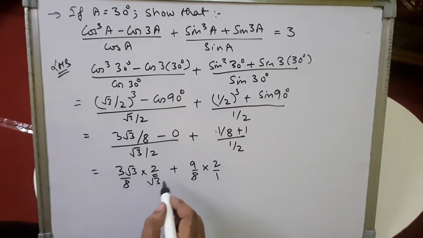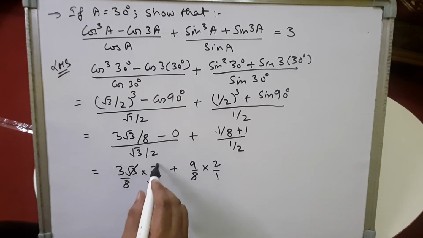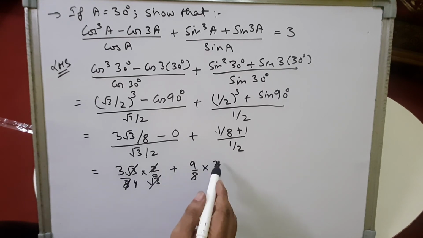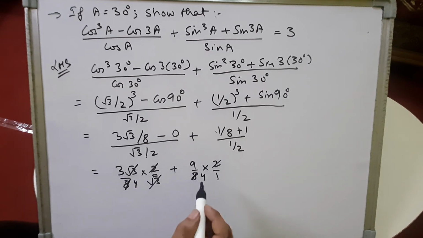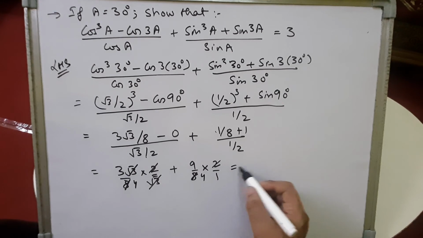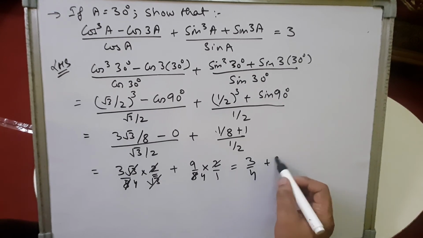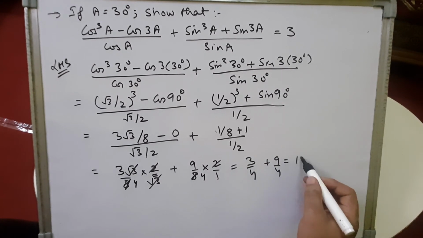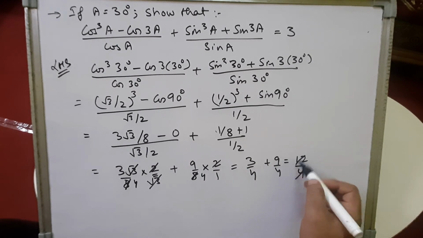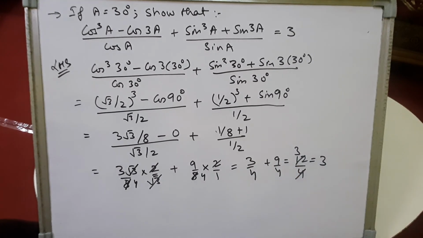So here we can cancel root 3, and 2 fours are 8. Again 2 fours are 8. What will we get here? 3 by 4 plus 9 by 4. 3 by 4 plus 9 by 4 will be 12 by 4. 4 threes are 12, so we get 3 as the answer.